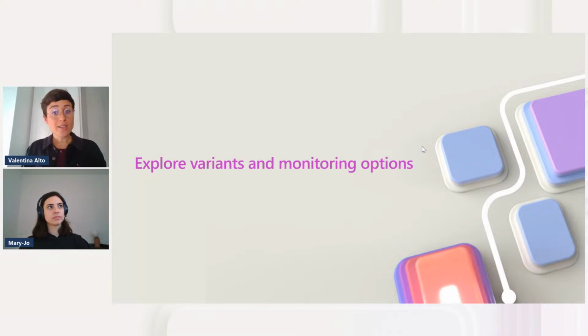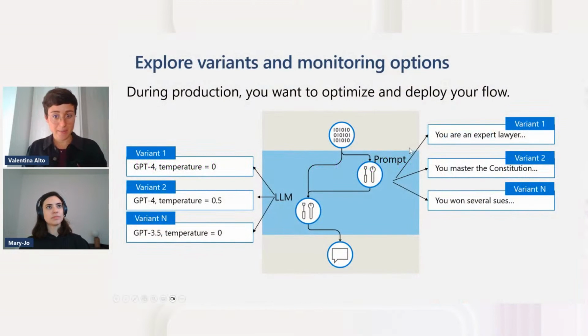But more interestingly is the variants possibility. So what are variants? Basically, when we run a flow, we might want to have different configurations of a tool or an entity, or generally speaking, a node within the flow.